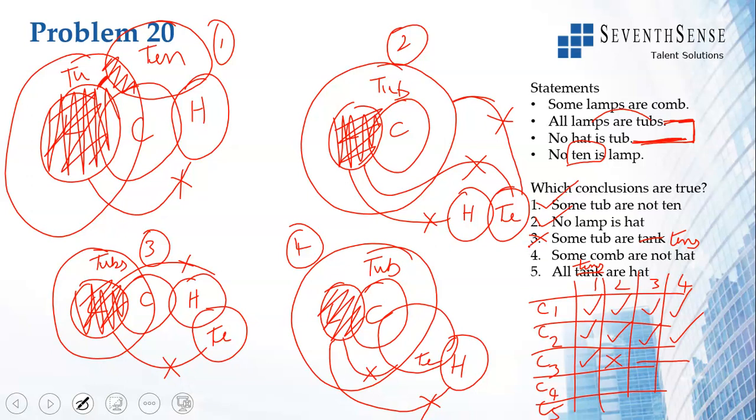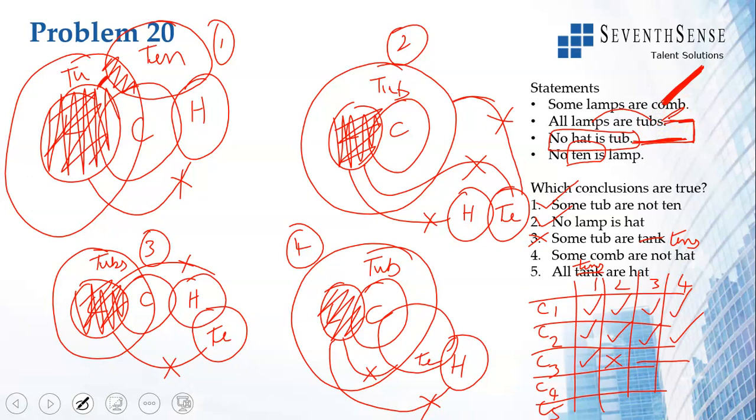What is the conclusion given? Hat and tub, there should not be any overlap through this statement. So there will be overlap between lamp and cone because of this reason, and all the lamps are tubs.